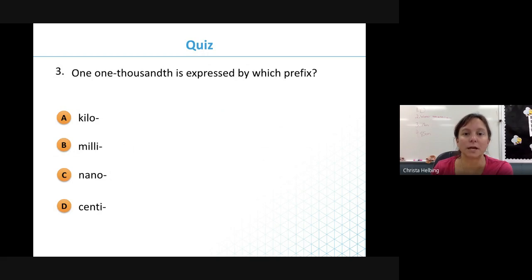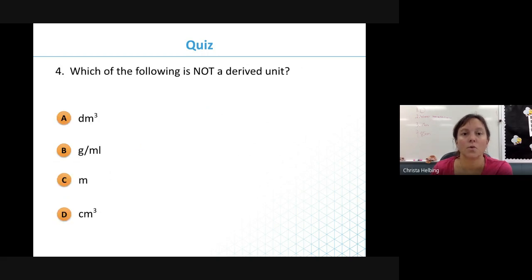1/1000th is expressed by which prefix? Oops, it's not kilo. So is it kilo, milli, nano, or centi? And the answer is milli. Which of the following is not a derived unit? Decameter cubed, grams per milliliter, meters, or centimeter cubed?